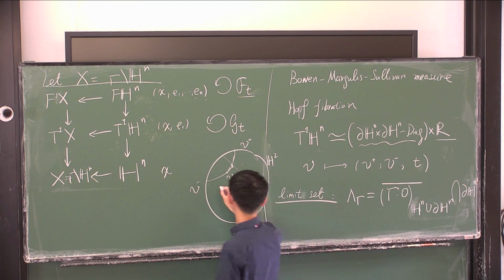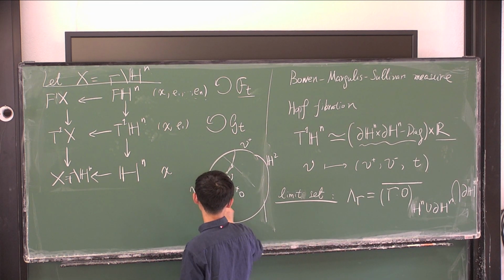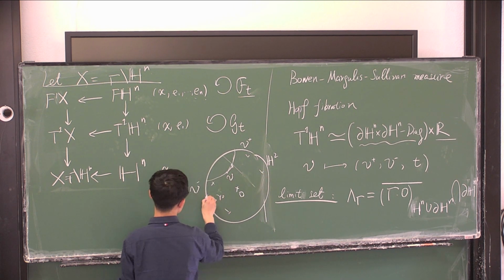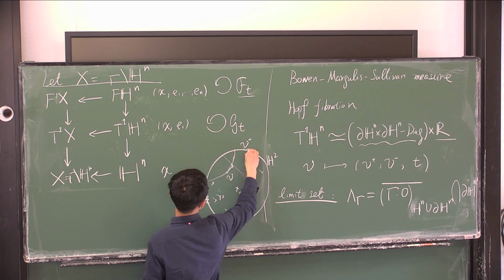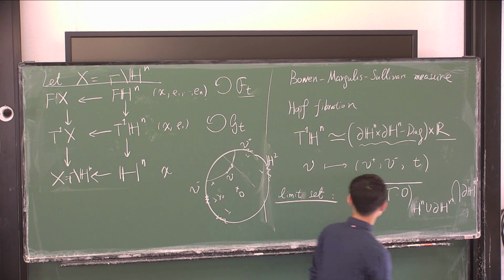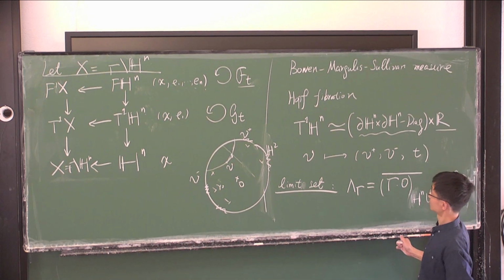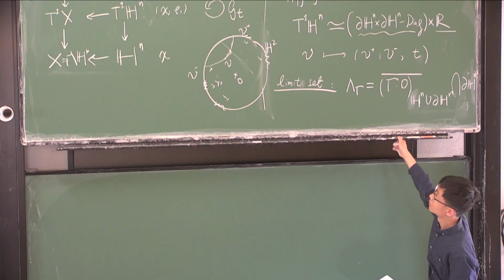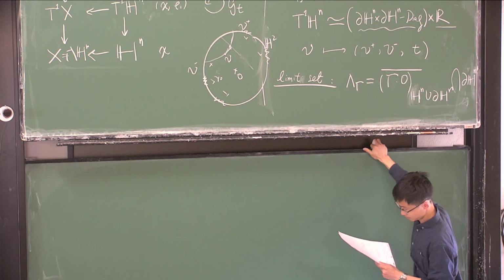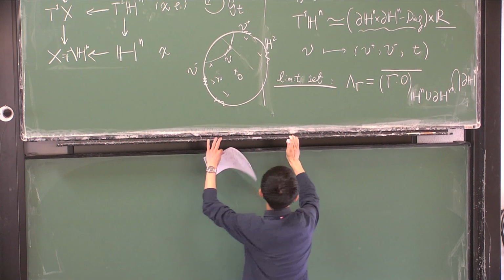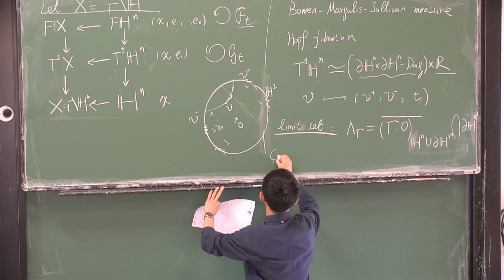So you have some orbit of this point O, gamma O, then you go to the boundary, and you get some fractal set. If gamma has finite covolume, then the limit set is the full space. The other important thing is the critical exponent.